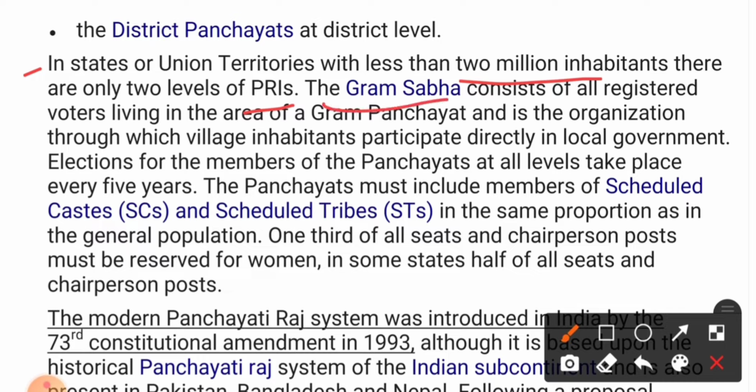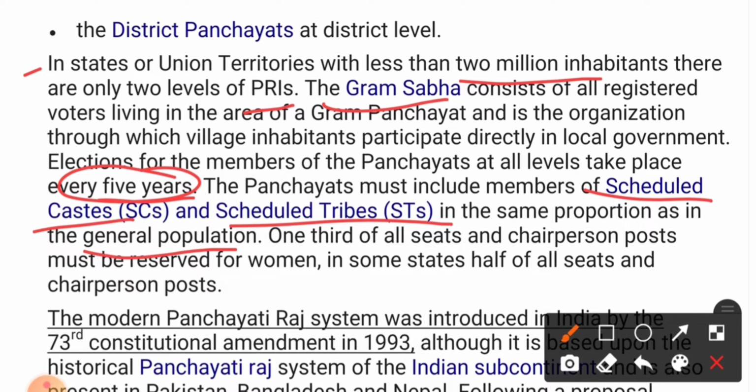The Gram Sabha consists of all the registered voters living in the area of the Gram Panchayat and is the organization through which village inhabitants participate directly in local government. Elections for the members of panchayats at all levels take place every 5 years. Okay, so what is the duration of the election? It is 5 years. The panchayat must include members of scheduled castes and scheduled tribes, that is STs, in the same proportion as in the general population.